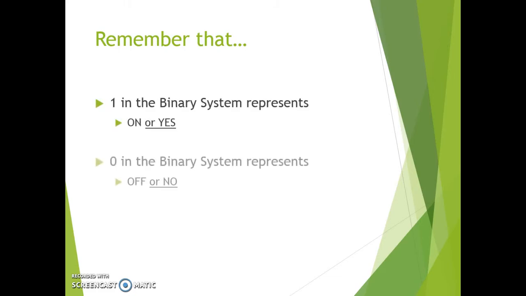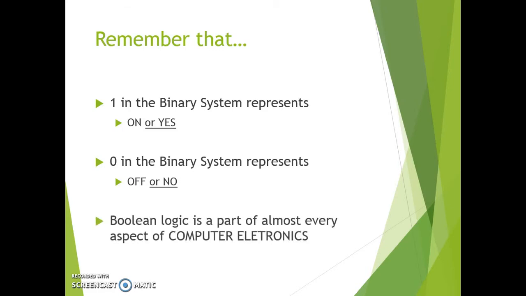So, moving back to the binary system, a 1 represents an on or a yes, and a 0 represents off or no, and we can start to think about relating Boolean logic to computer electronics.